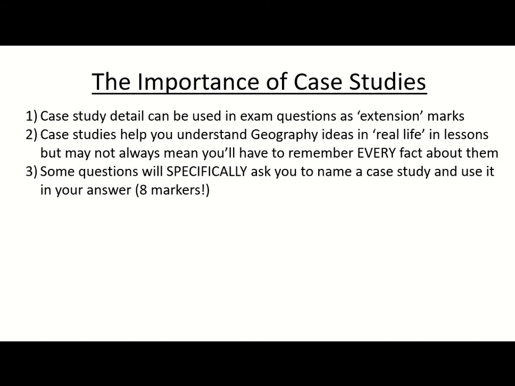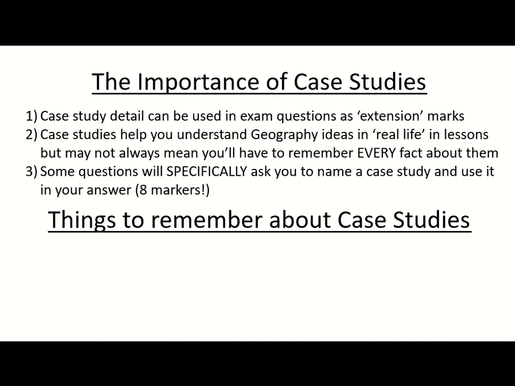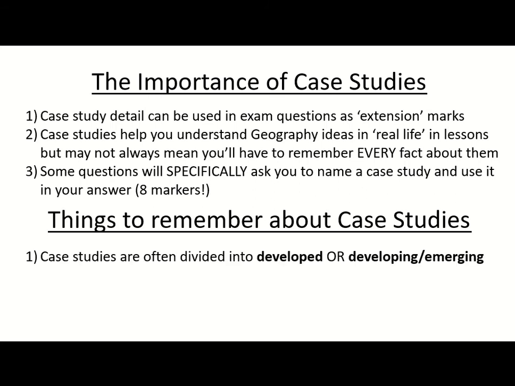Now, some questions we've mentioned will specifically ask you to name a case study, like the 8 markers. But things you need to remember about case studies, they are often, and almost always, but I'll show you in summary here a second, divided into either developed or developing/emerging. Developed means wealthy, rich, like the UK, like the USA, places like that, like Germany we use.